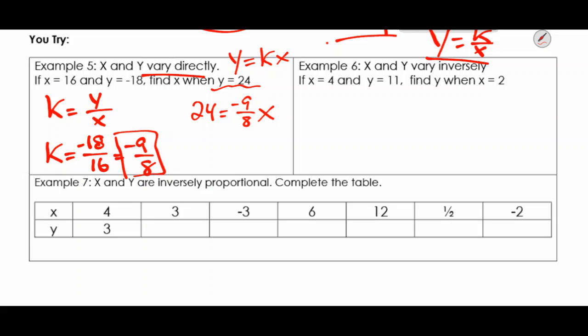And there's two different ways I can cancel that out. I can either multiply by the reciprocal on both sides, or I could divide by this fraction. If you're going to do this in the calculator, this fraction needs to go in parentheses. Here, they're just going to cancel out.